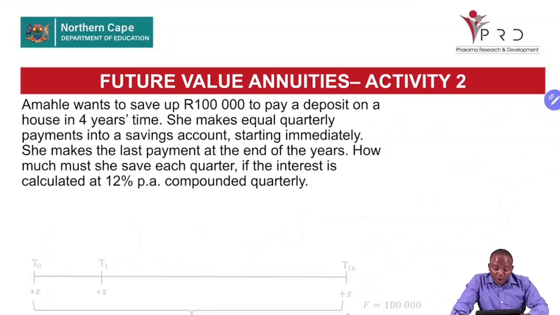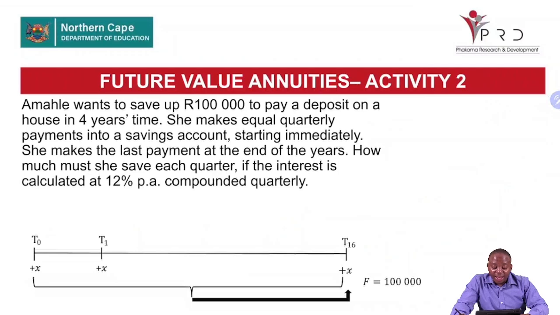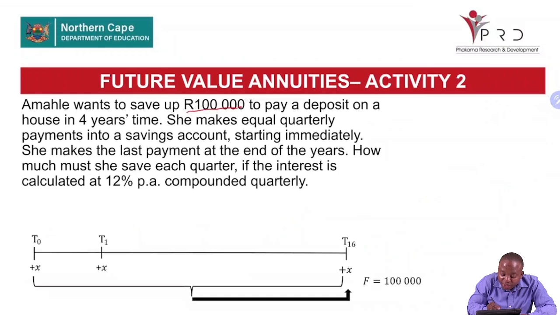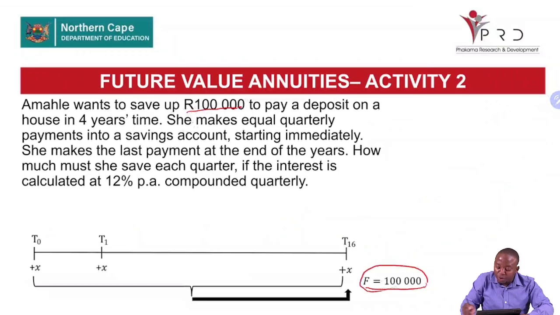Remember, we are working with finance. We collect our data. In this case, we are utilizing our timeline. I actually want to save up 100,000. So the 100,000 there is the money that I want to accumulate in the future. So that becomes our future value. To pay a deposit on a house in 4 years' time.